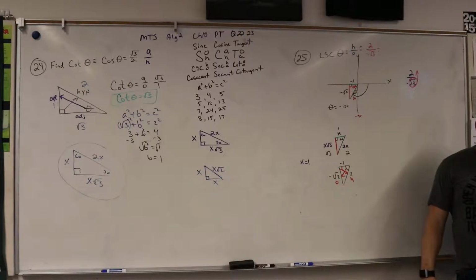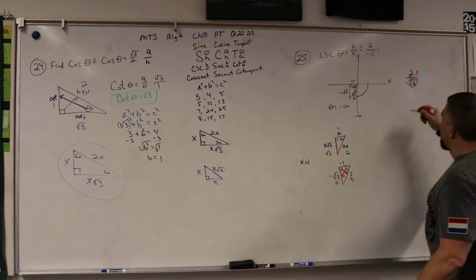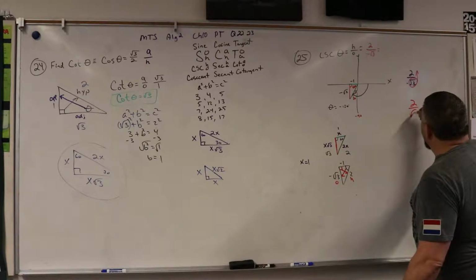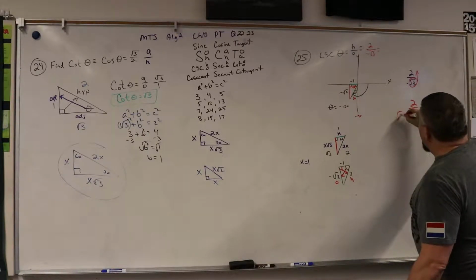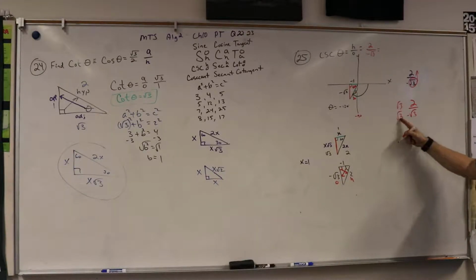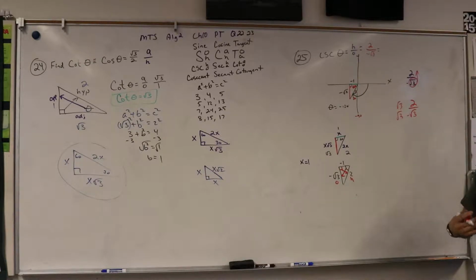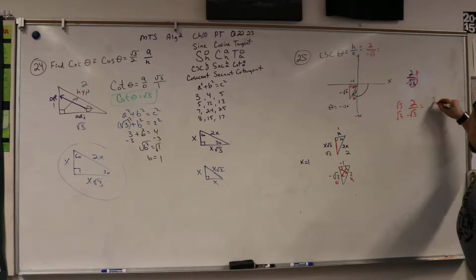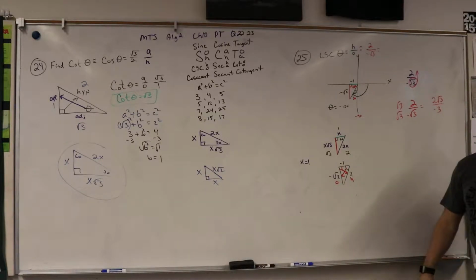Did I tell you this? Okay, so what you got to do is multiply it by the square root of 3 on both the top and the bottom. That's 1, right? And what happens here is it's square root of 9, which turns into 3, right? So this is equal to 2 square root 3 over negative 3.